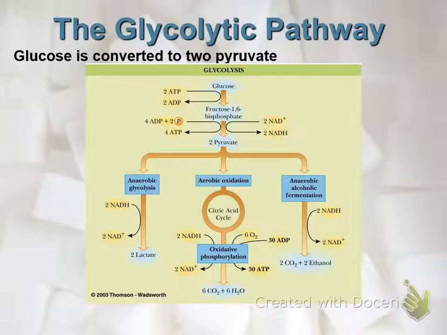However, there are 2 other possibilities, at least in some organisms. One for us is under anaerobic conditions, we go through anaerobic glycolysis, and it ultimately goes to lactate instead of carbon dioxide. So what conditions, don't just tell me anaerobic, but under what conditions or what cells would undergo anaerobic glycolysis?